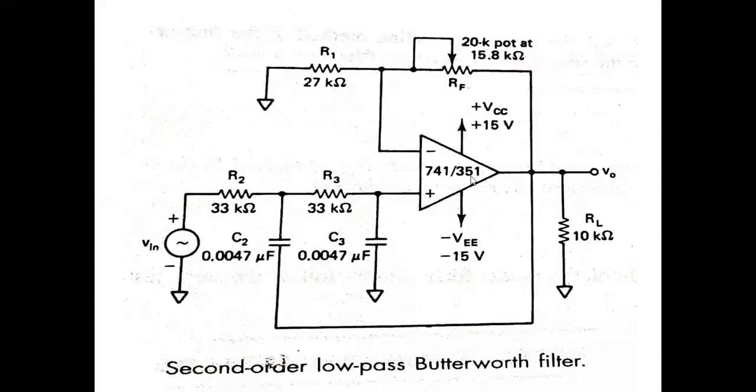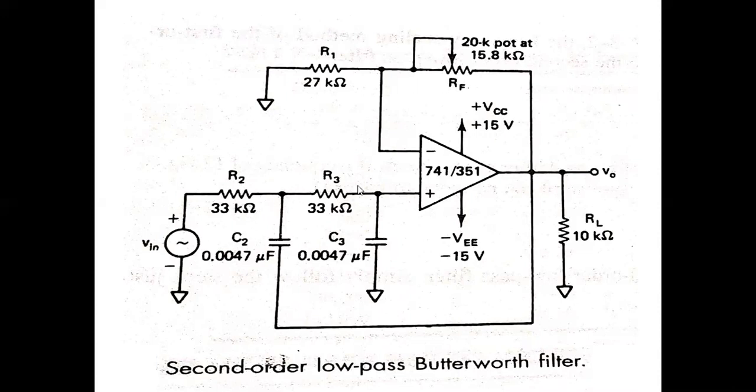Once again, so far what we have designed, the values have been mentioned. The figure for the second order low pass filter has to be drawn, and substitute the values we have got for the problem with a cutoff frequency of 1 kilohertz.